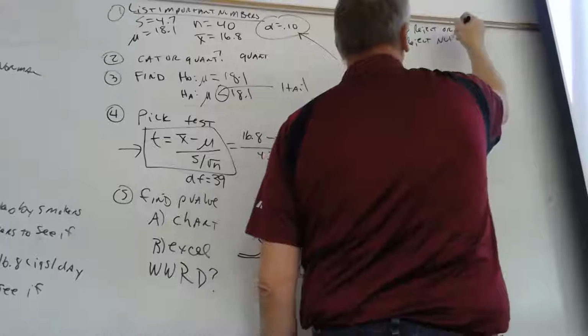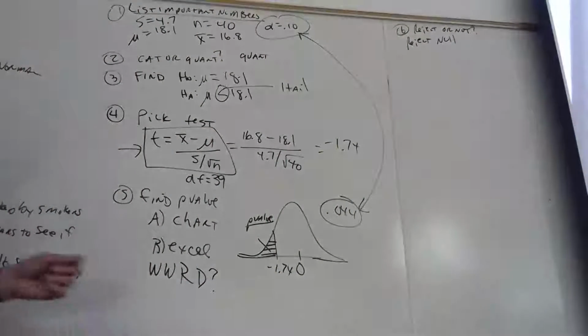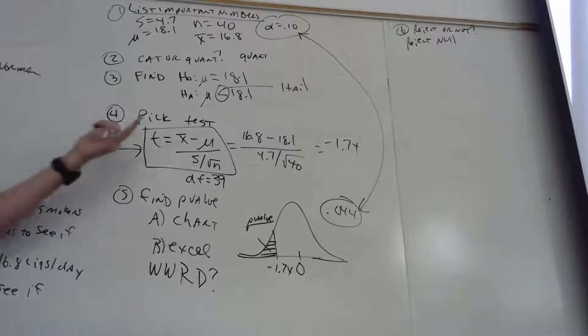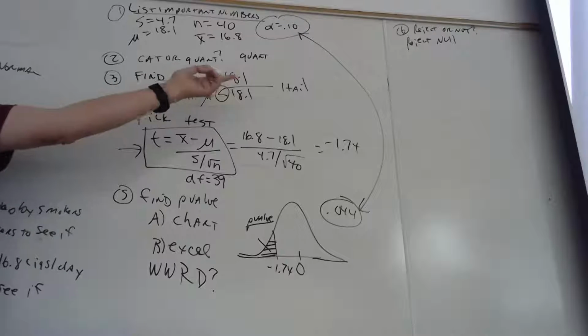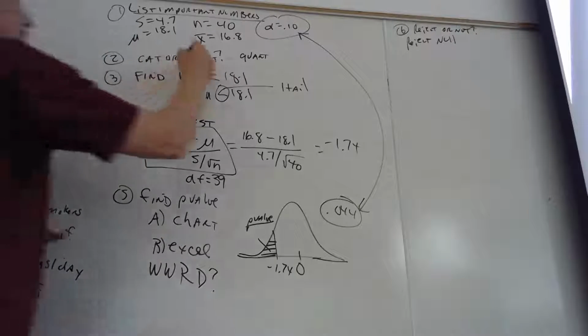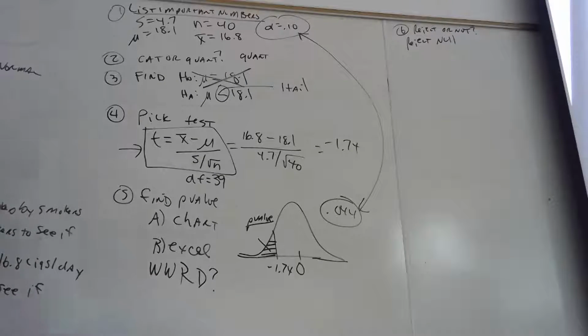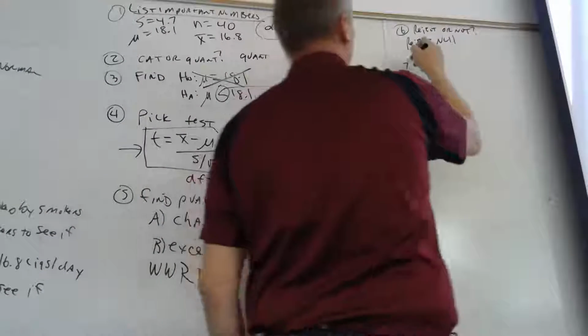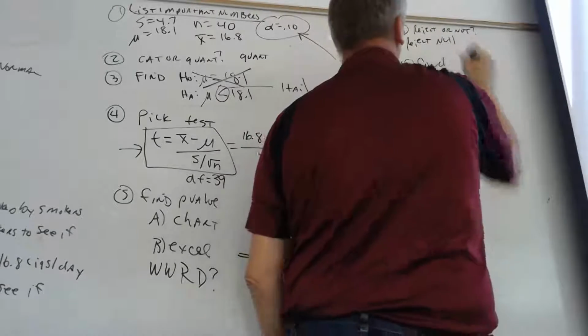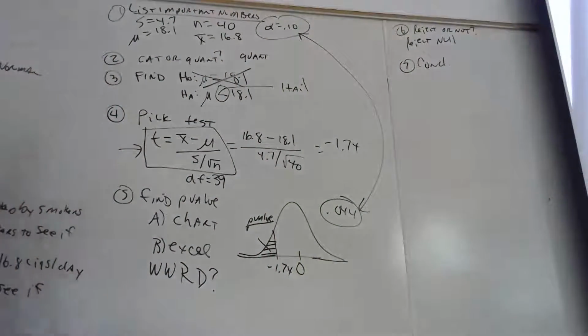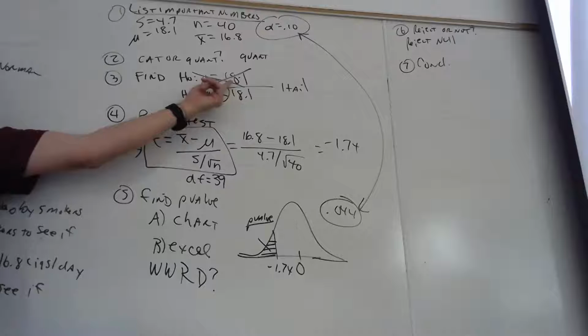The null said that there's no difference between retired smokers and regular smokers, correct? We've rejected that. What do we think about retired smokers as our conclusion? We've rejected our null hypothesis.